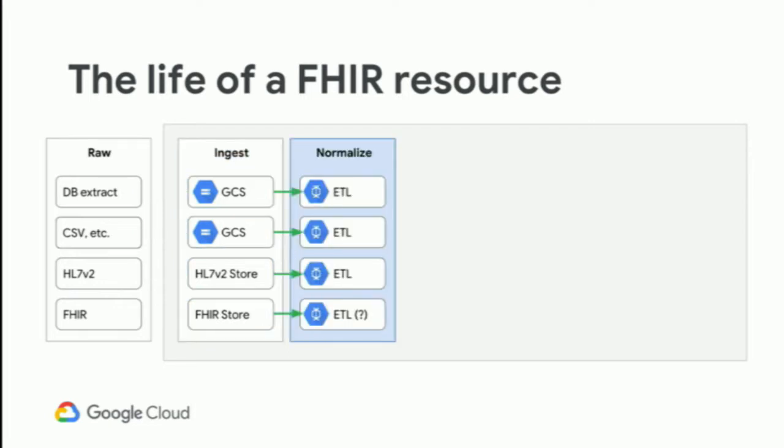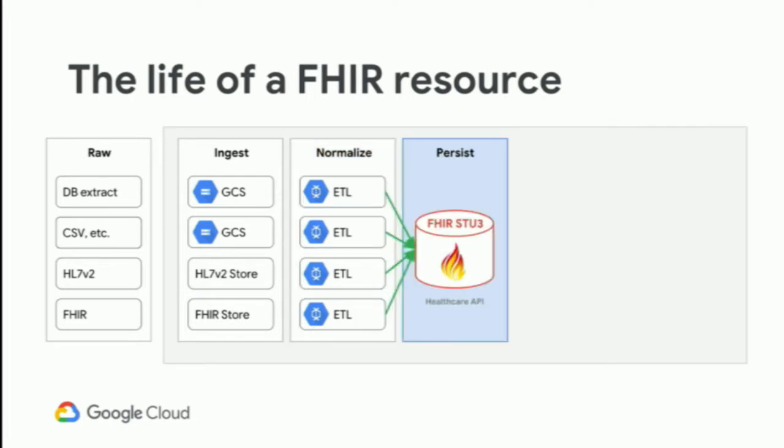The additional step, and this gets to what we've been working on extensively and what Eyal has been alluding to, is how do you then take that data and normalize it into a FHIR store. We could spend days talking about how that works, but the short version is there's some process that executes against your raw data and puts it in your FHIR store.